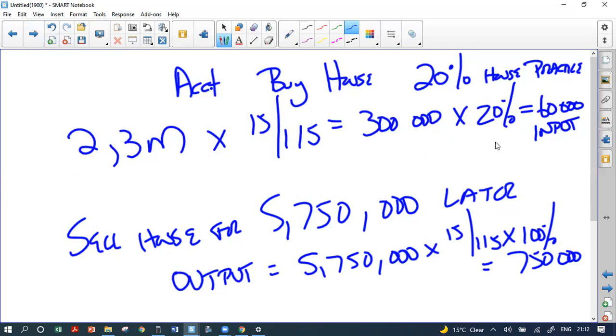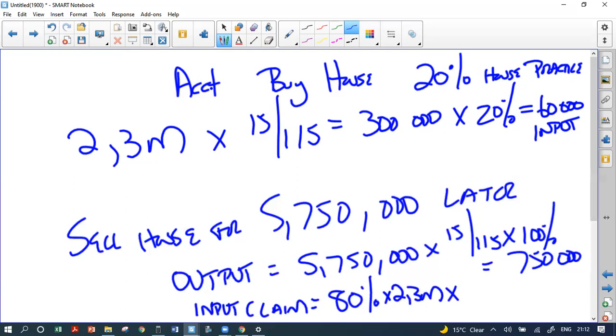So when you have a situation like this, generally in an exam, you will charge output VAT on the 100% and then there will be an input claim. But what is your input claim based on? The lower of cost or selling price times the VAT that you've got, and there will be an input claim equal to 240,000.